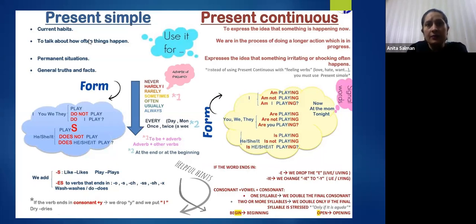Whereas in present continuous tense, to express the idea that something is happening right now, like I'm teaching you, that is in present continuous tense. We are in the process of doing a longer action which is in progress, and it expresses the idea that something irritating or shocking often happens. The same things that we have earlier discussed, right? Where we have to use these two tenses, right?